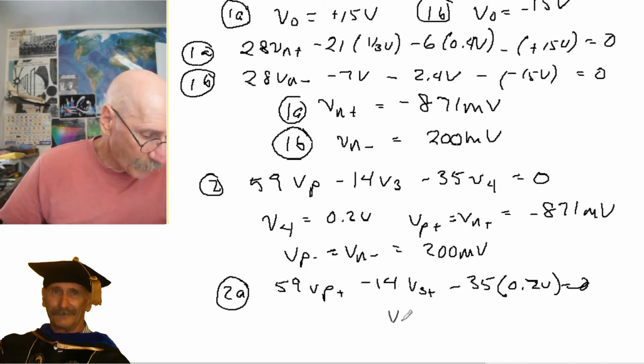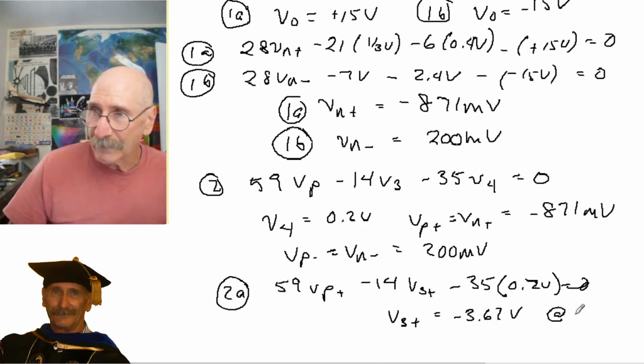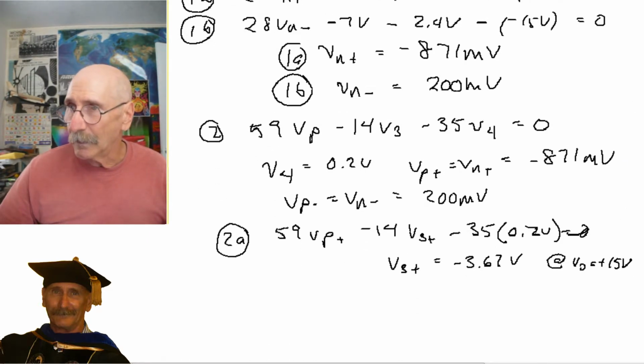You can work that out, and what you get is V3 plus equals minus 3.67 volts. That's at Vout equals plus 15 volts.